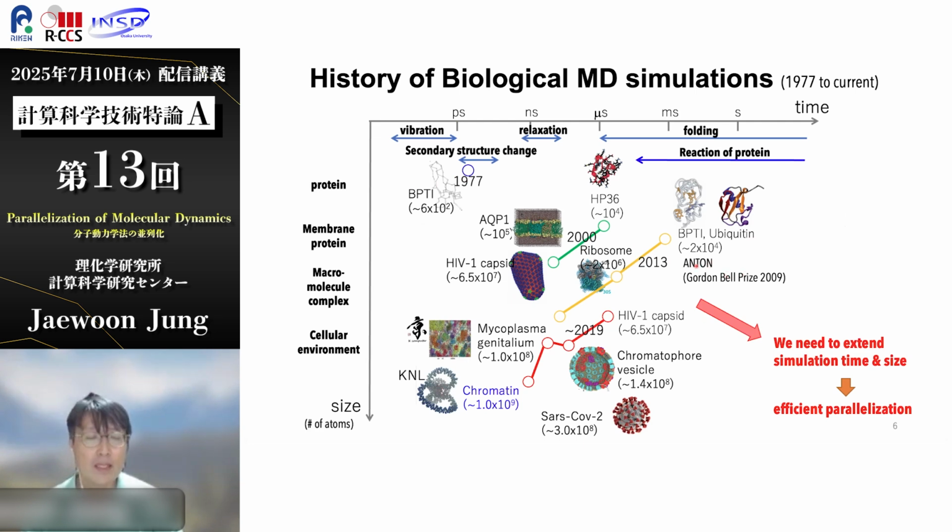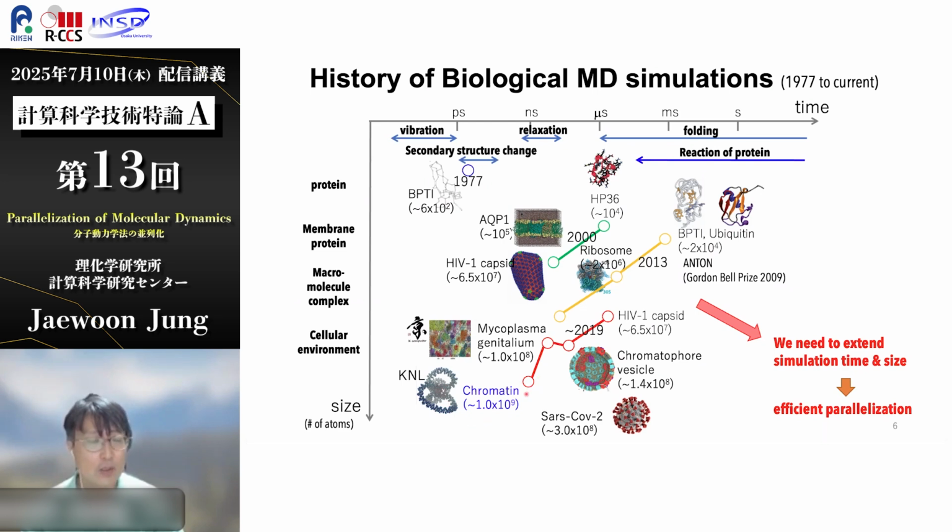In the original MD simulation, the target system was very small. But using parallelization, we could extend the target system size. In our case, using the K supercomputer, we could perform about a 100 million atom system, and also about a 1 billion atom system.